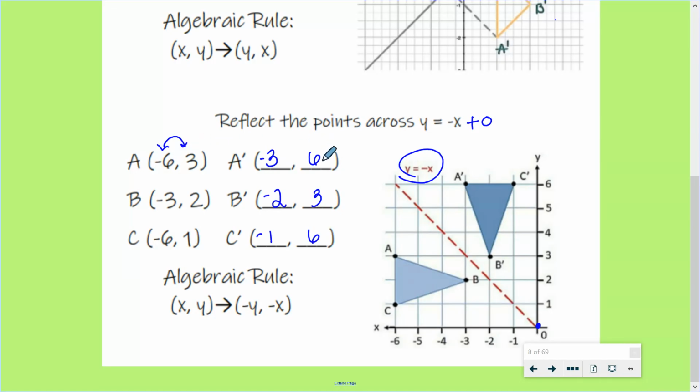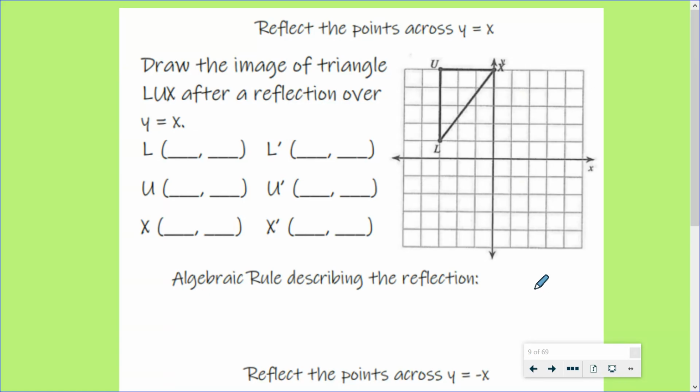If it was negative, it becomes positive. So you want to switch their places and then make them opposite. So the 2 becomes a negative 2, and the negative 3 became a positive 3. So we switch the places, and then we make them opposite. Negative 1, comma 6.